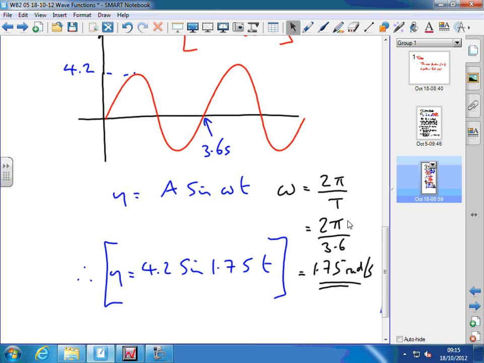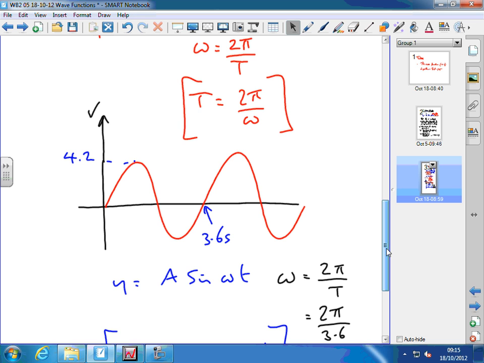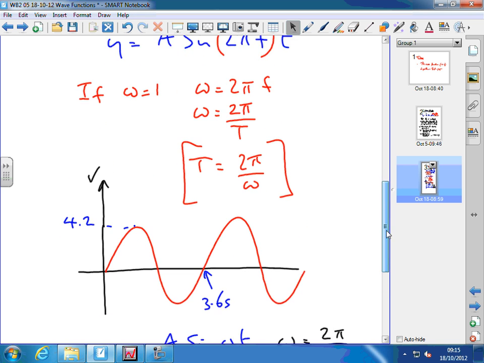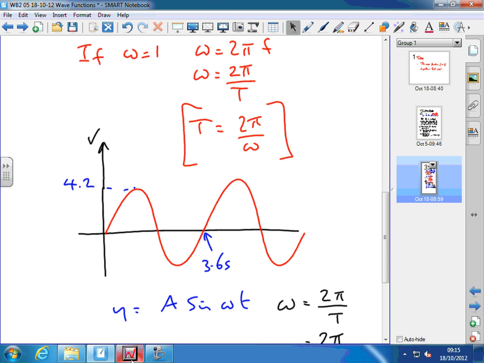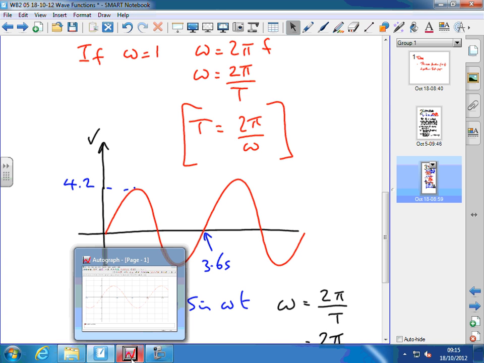So it will be 2 pi divided by 0.0063. Back to that Autograph. Okay, there you go. And you should get around about 1,000. Yeah, right. So there we are.